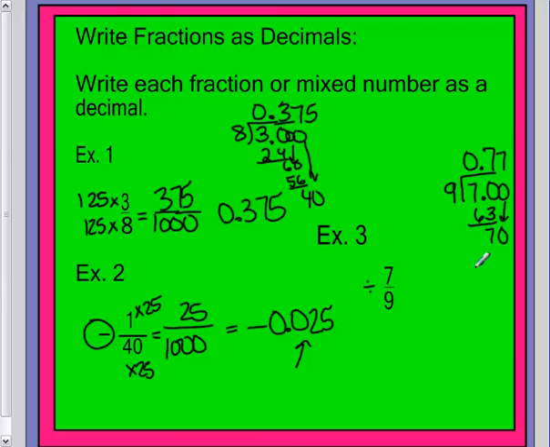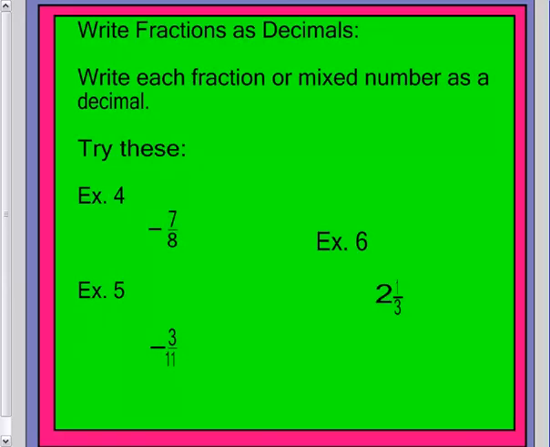We get 70 again, 63, and it's going to go on and on forever. So instead of writing all these 7s with dots, we can use bar notation. All right. Try these using the division method if it doesn't work out as easily. I'm going to pause the video and then I'm going to go through the answers.